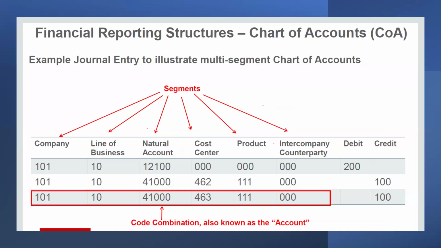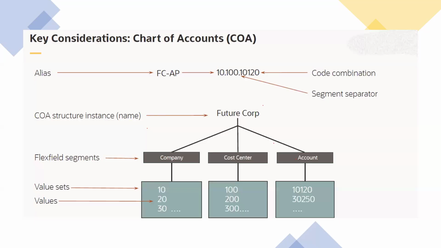So how this accounting string will be constructed, how the accounting setup combinations will be, like company, line of business, natural account, cost center, product, and how all these values have been created. If you look at the next level, this is the chart of accounts. The main key consideration for the chart of accounts is code combinations.